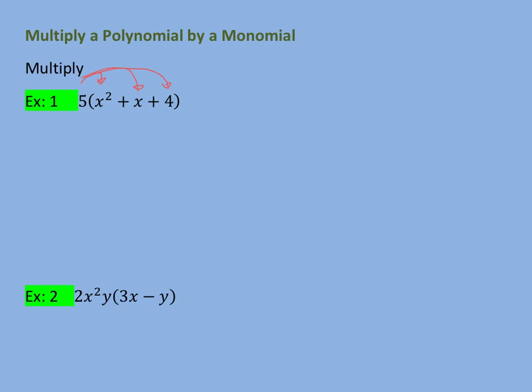So 5 times x squared is just 5x squared. 5 times x is a positive 5x, so don't forget your sign. 5 times 4 is a positive 20. These are not like terms, they both have an x for their variable, but their exponents are not the same. So your answer is 5x squared plus 5x plus 20.